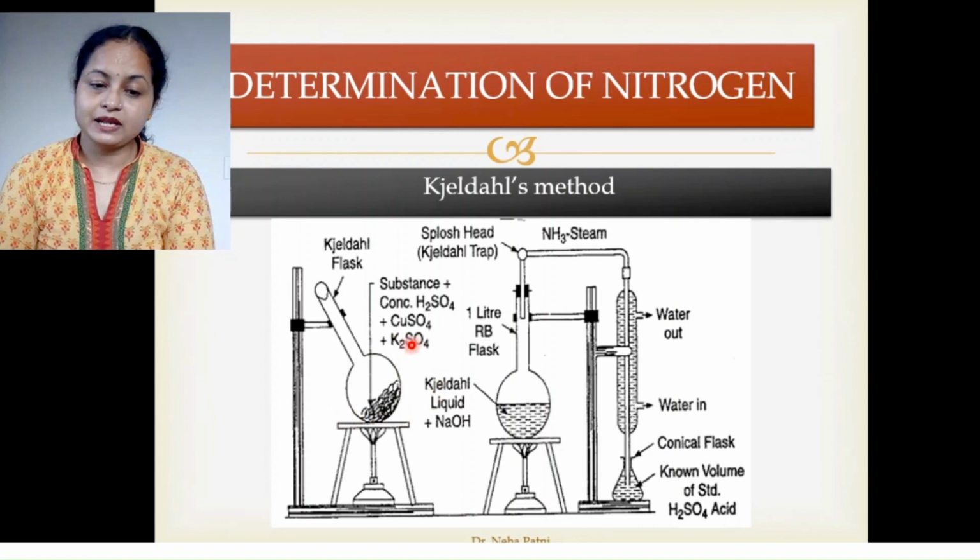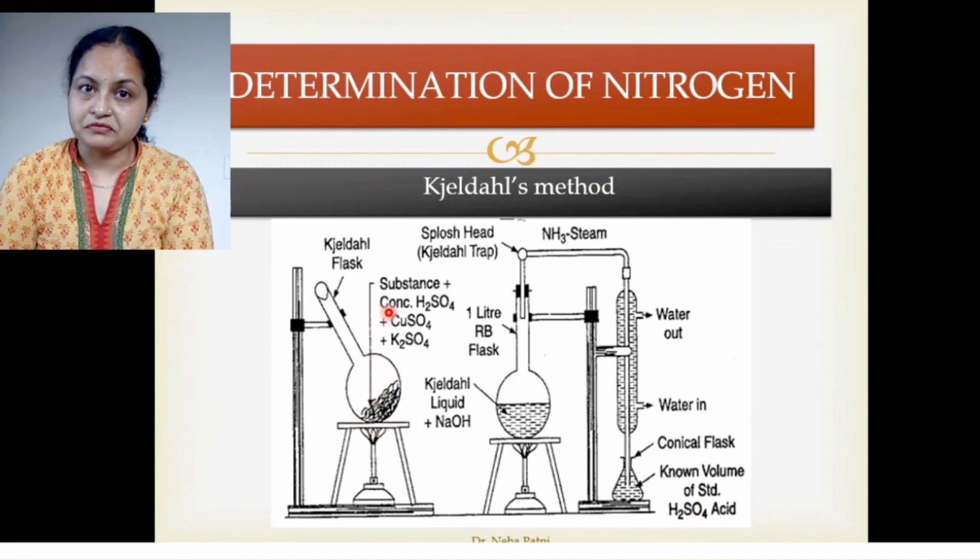So in the Kjeldahl flask, let's say we have taken coal as the sample. The coal is getting dissolved in H2SO4 and the nitrogen present in coal reacts with that H2SO4 and forms ammonium sulfate. So basically the nitrogen in the sample is extracted here in terms of ammonium sulfate, but you want to extract it in a pure manner. You want nitrogen extraction to be around 100%.